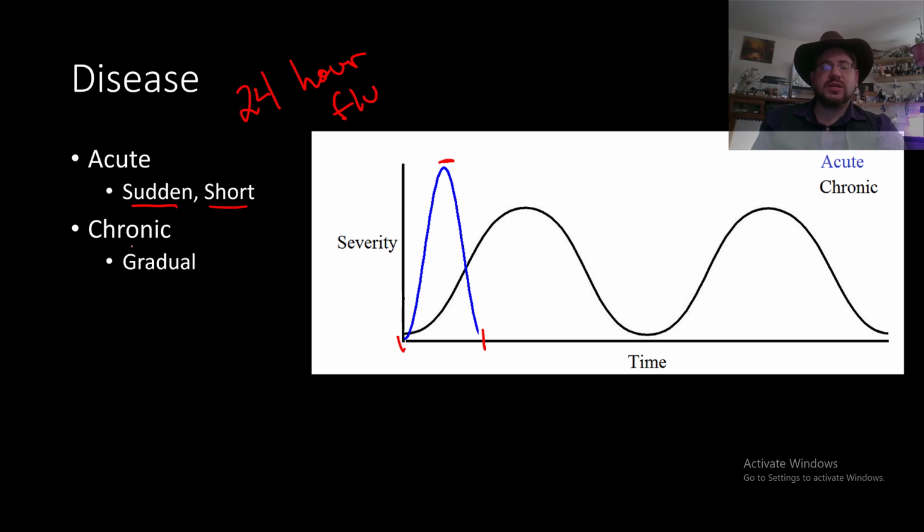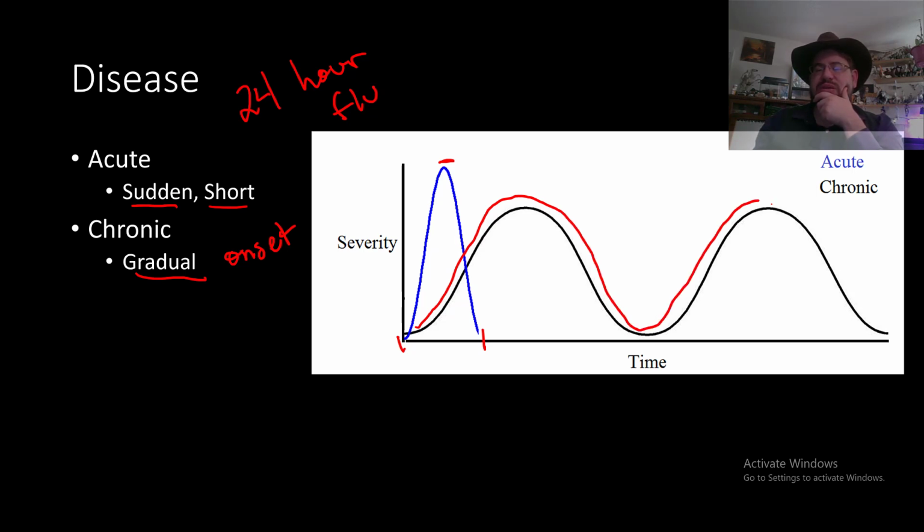Whereas a chronic illness has a gradual onset of symptoms and signs, and it can be just as severe. Sometimes it's not quite as severe, but the big thing is that a chronic disease repeats, right? You have a gradual onset, they peak, they tend to go down, and then a chronic disease repeats itself.